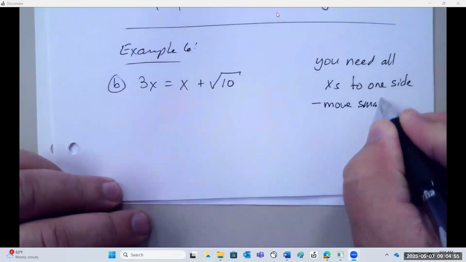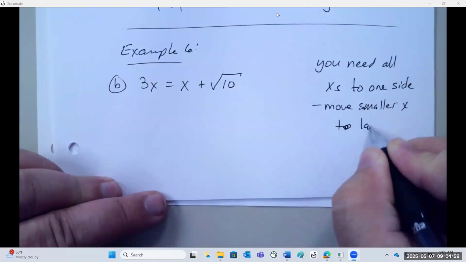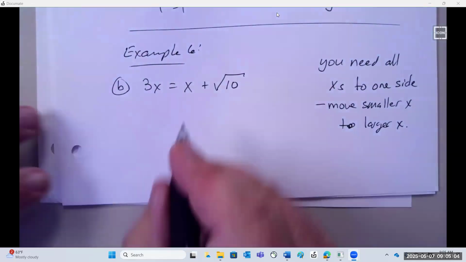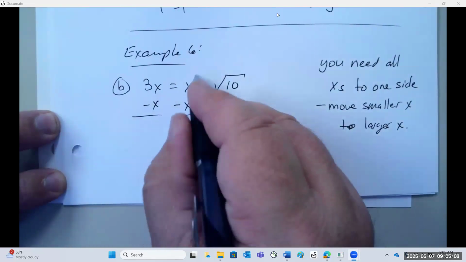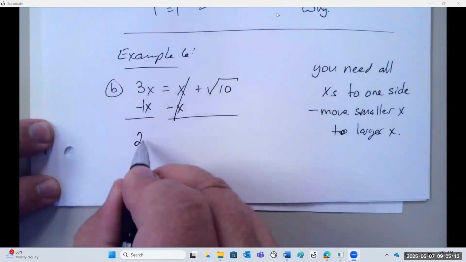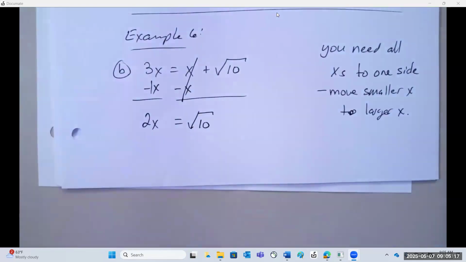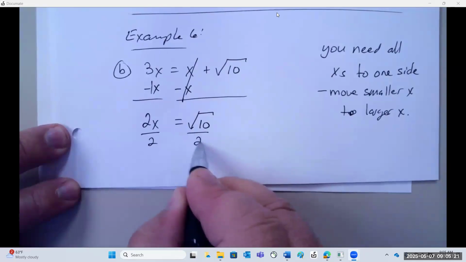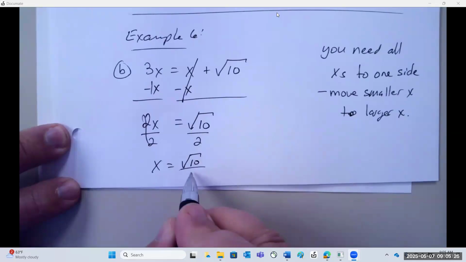Move smaller x to larger x. So here I subtract x from both sides. So it's 3 minus 1 is 2x equals square root of 10. So x is the square root of 10 over 2.